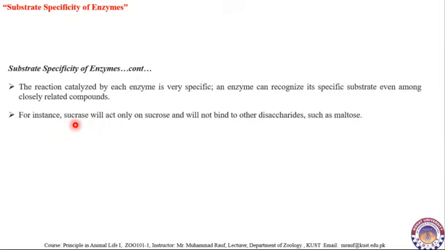For instance, sucrase will act only on sucrose and it will not bind to other disaccharides such as maltose. So this is an example of the specificity of enzymes, that they only catalyze a specific chemical reaction, because the enzyme has an active site where the substrate binds.